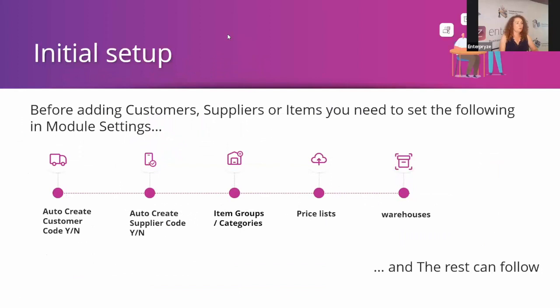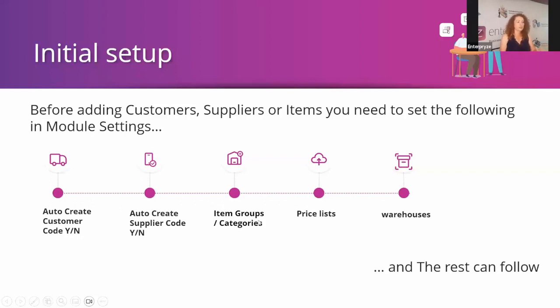Just to mention here, before adding any customers, suppliers or items, you need to set up the following in the module settings. This is just a little of what we would suggest you do before setting up your customers. There's an option in the customers and suppliers settings, which I'll show you on the next screen, where you can auto-create the customer code or auto-create the supplier code.